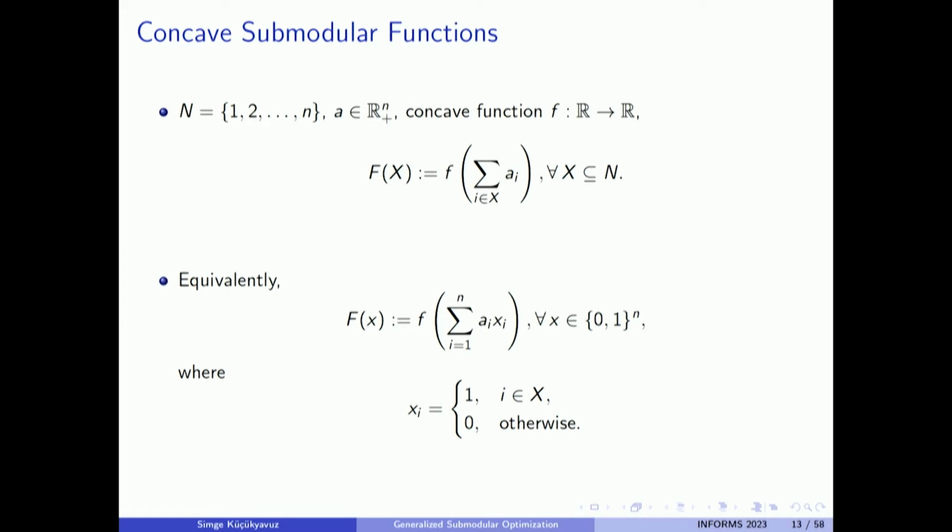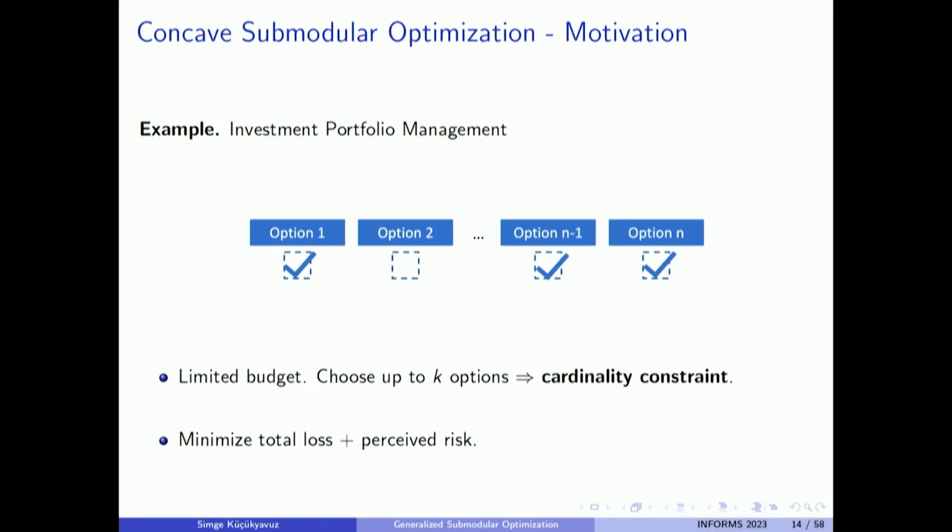So I'm going to replace that capital X subset notation with the little x, and I'll be using these interchangeably throughout my talk and in the paper. So xi is 1 if i is in X and 0 otherwise, and we're looking at f of the sum of ai xi over all i in N.